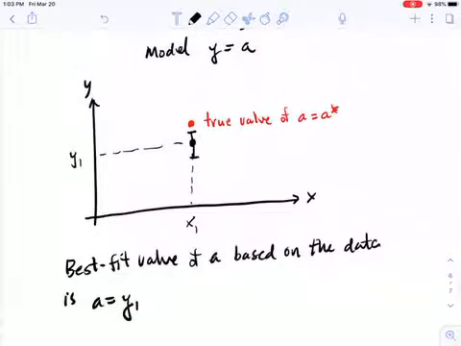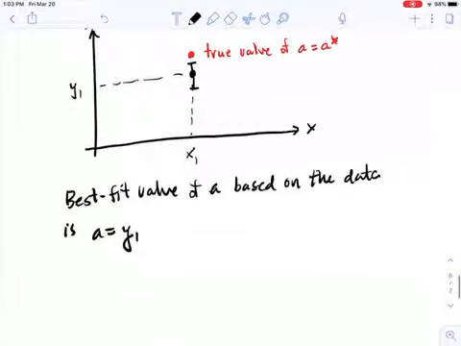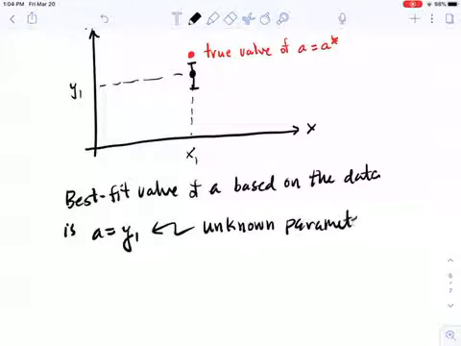Our model says y should be equal to a constant. We made a single measurement, and all we could do is say, well, I guess that single measurement is our estimate of this value of a. So this is our unknown parameter a estimated from our single measurement.